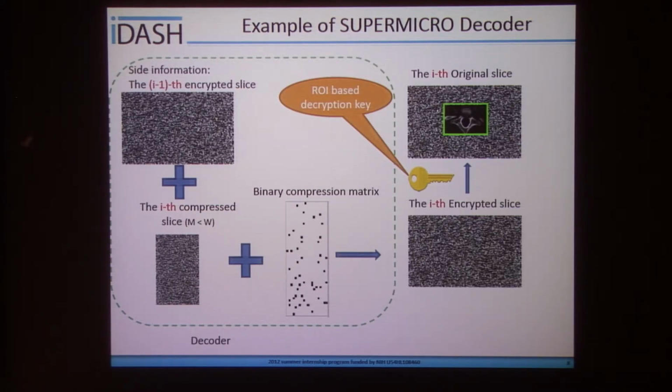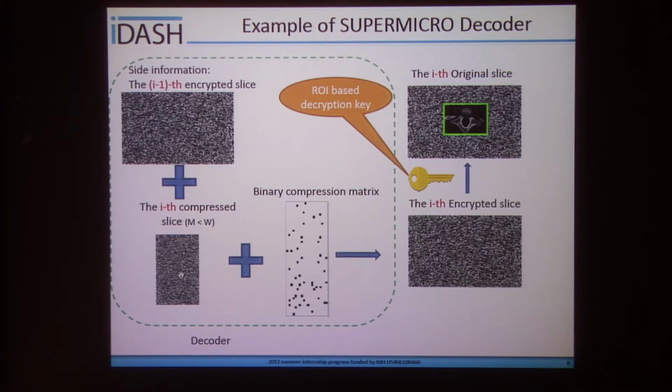As shown in this slide, a user can decompress the i-th slice with the received compressed slice, the compression matrix, and a piece of side information that contains knowledge of the i-th slice. This information can be obtained, for example, from the previously decompressed i-1 slice. This decompression problem can be modeled as an inference problem and can be solved, for example, by applying the belief propagation algorithm on the graphical models.